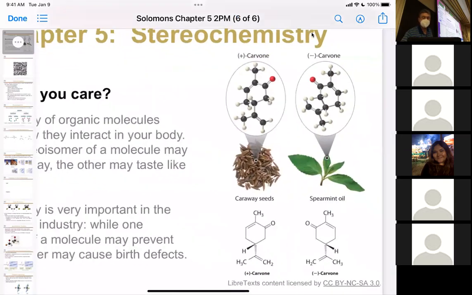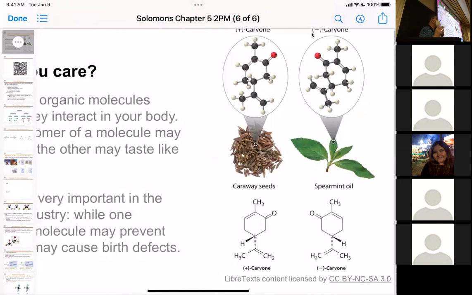Now, the cool thing is that about 61% of all pharmaceuticals have some chirality to them, have some stereochemical aspect to it, and usually one stereoisomer is better than the other. So our body can recognize the difference between different stereoisomers, different fixed in space. Even though every other bond is exactly the same, 2 groups have been swapped in space, and that makes them different. If you have a compound that you can extract from caraway seeds, it's called carvone.